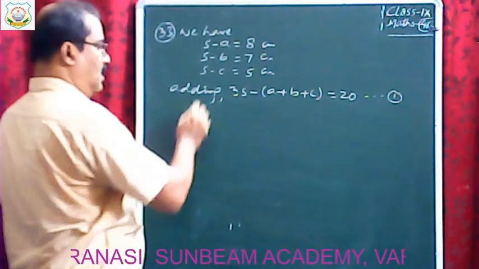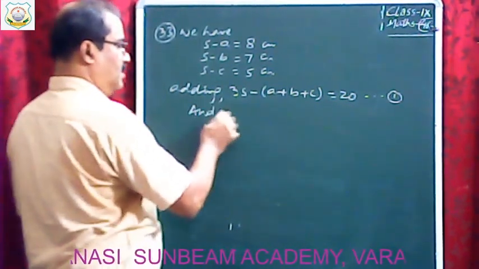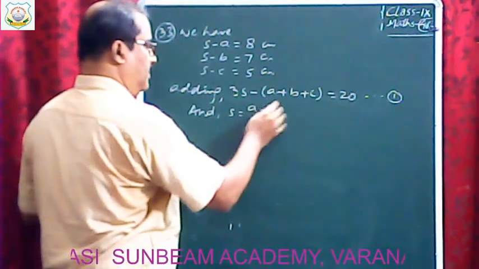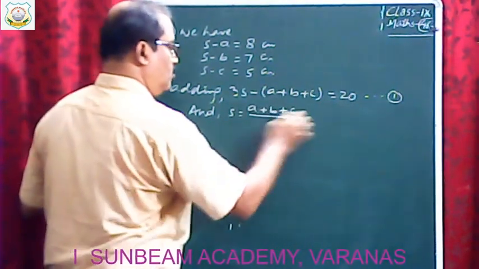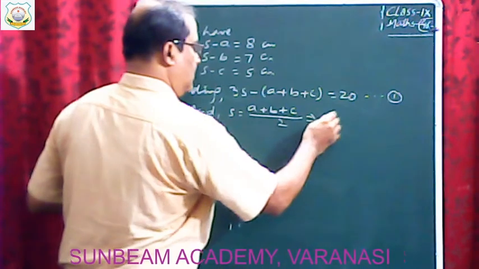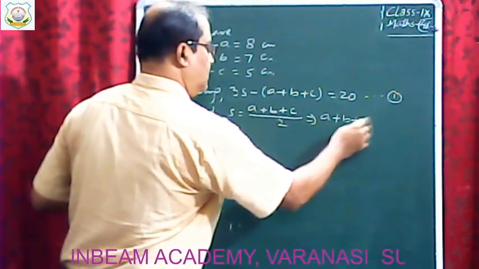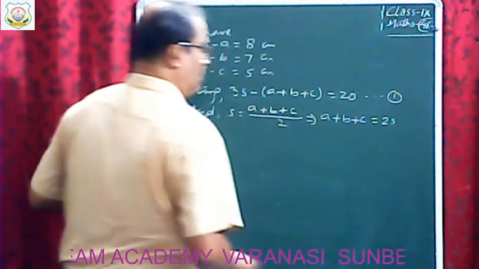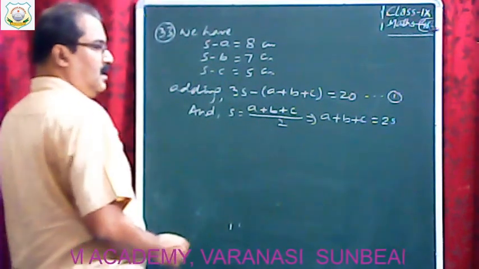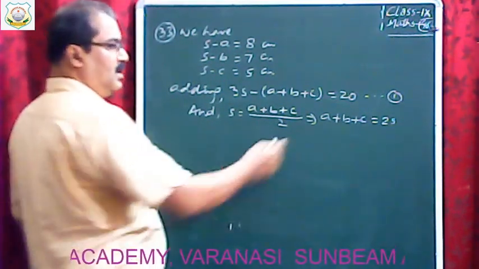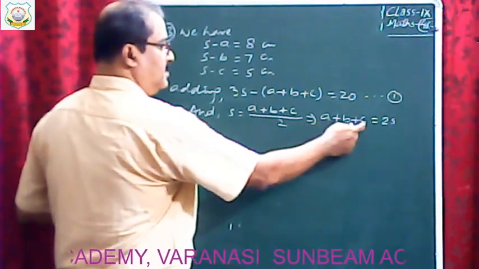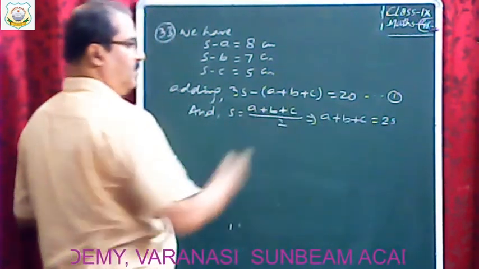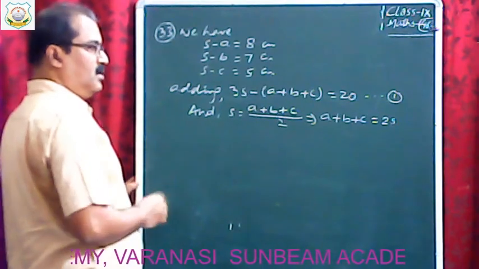Okay, and we have S equal to A plus B plus C by 2, which implies that A plus B plus C, by cross multiplication, equal to 2S. So we have to put the value of A plus B plus C, that is equal to 2S, in place of A plus B plus C in equation number 1.